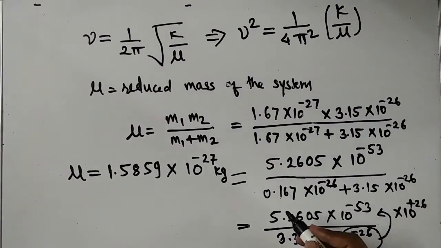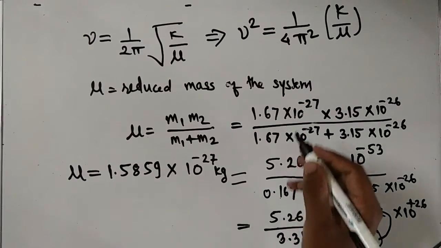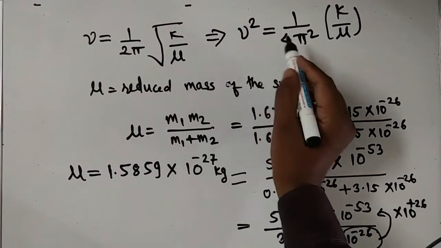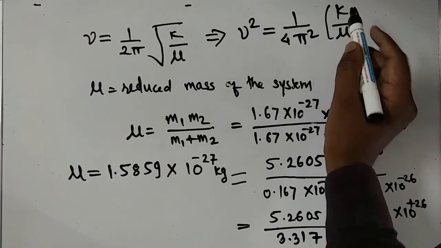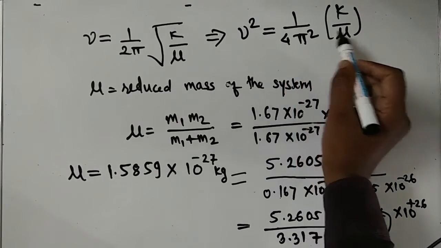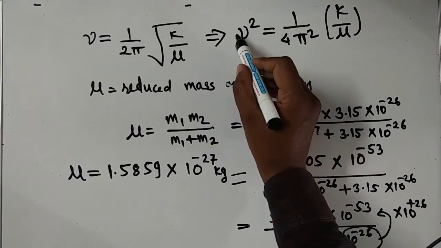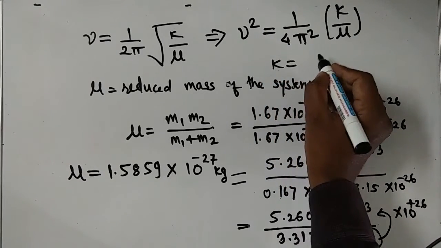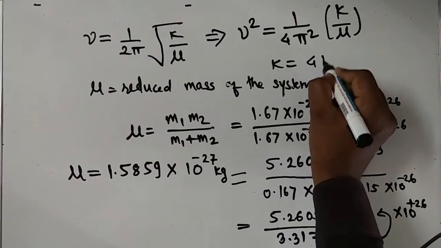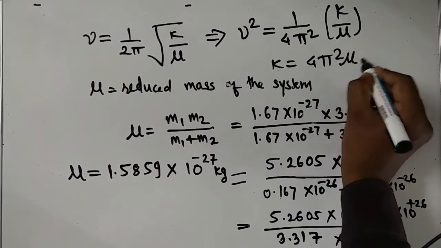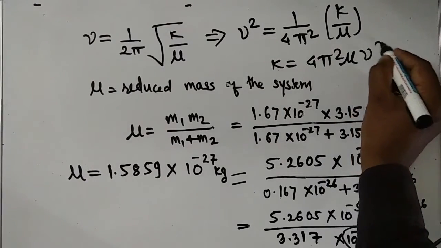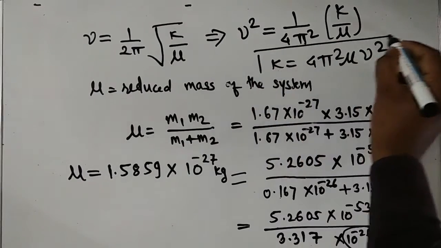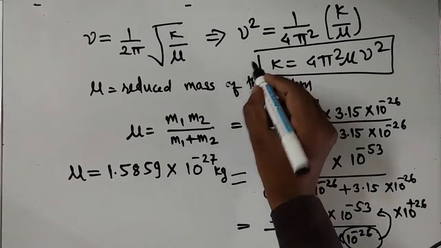Now I take all these terms to this side: if I multiply by the 4 pi squared mu term, I get k on the other side. So k is equal to 4 pi squared mu into nu squared. This is the formula for k.